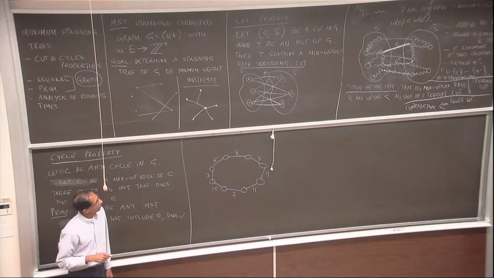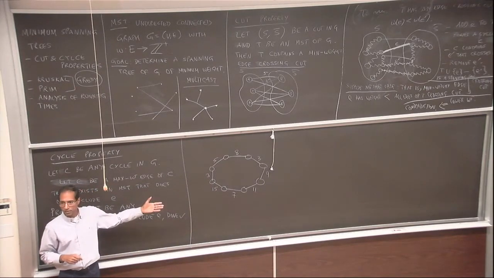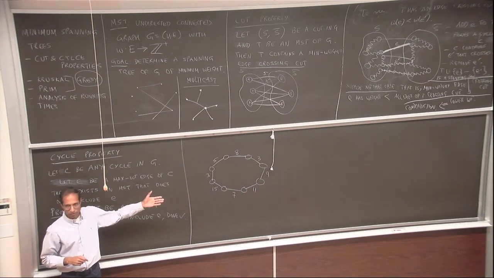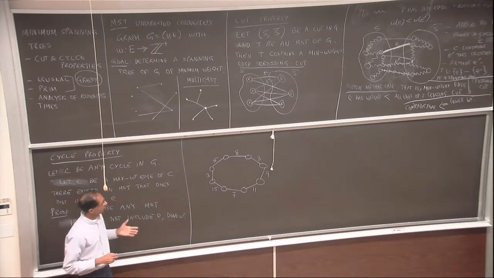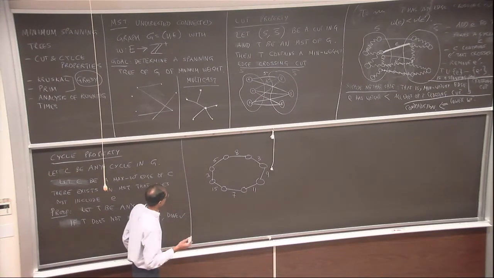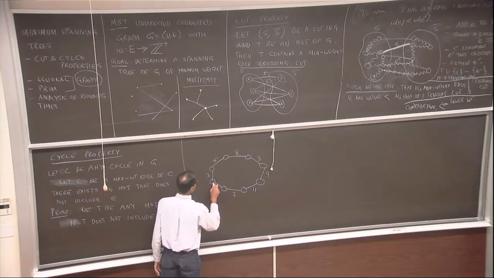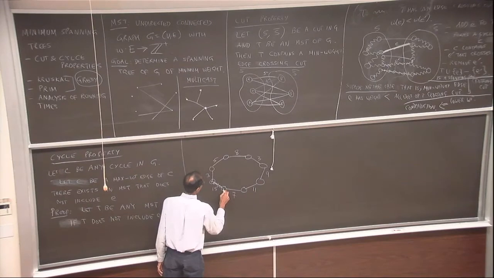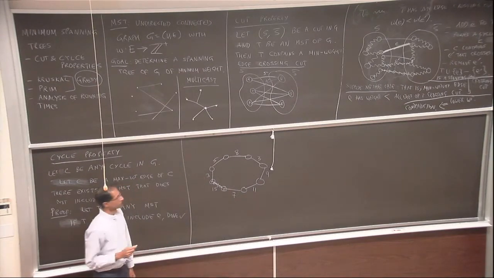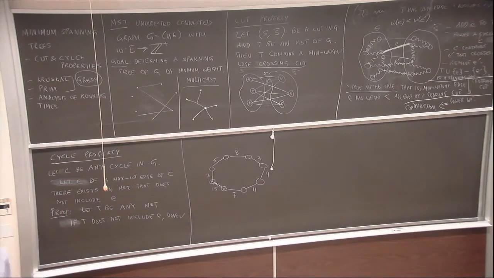Okay. So in this cycle, this is E, the edge of weight 15, and if there are multiple choices, then you pick one of them. So this is E. This is U, this is V. Let's call that UV.